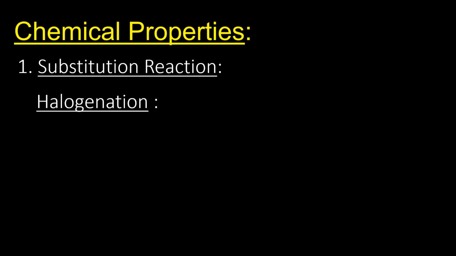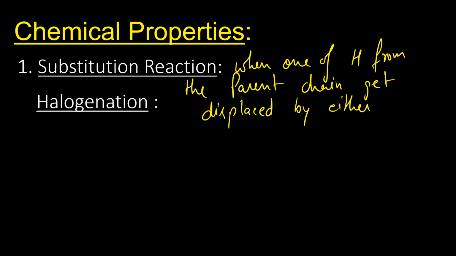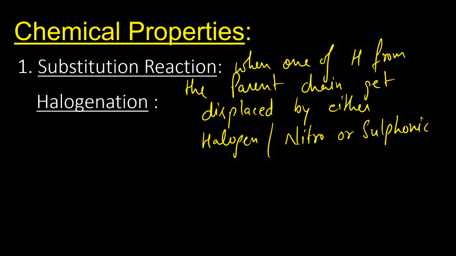We know substitution takes place when one of the hydrogens from the parent chain gets displaced by either a halogen, nitro or sulfonic group, then it is marked as a substitution reaction.